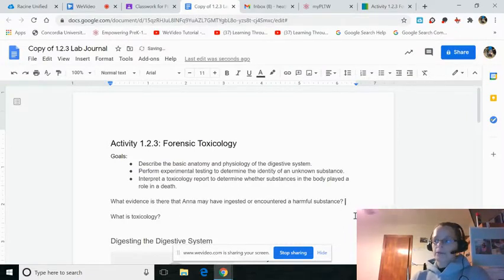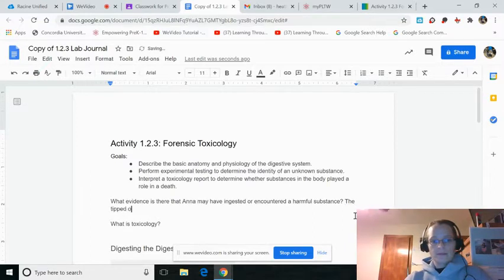What was around her? Sure, a tipped over flask. On the ground. Yes, the fact that she was in a science lab in the first place. There's lots of other things you can put there, but those are a couple.